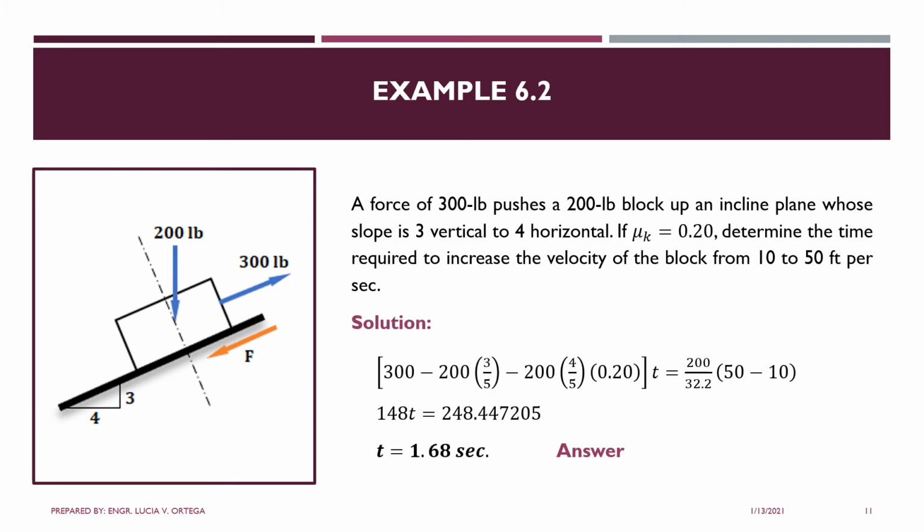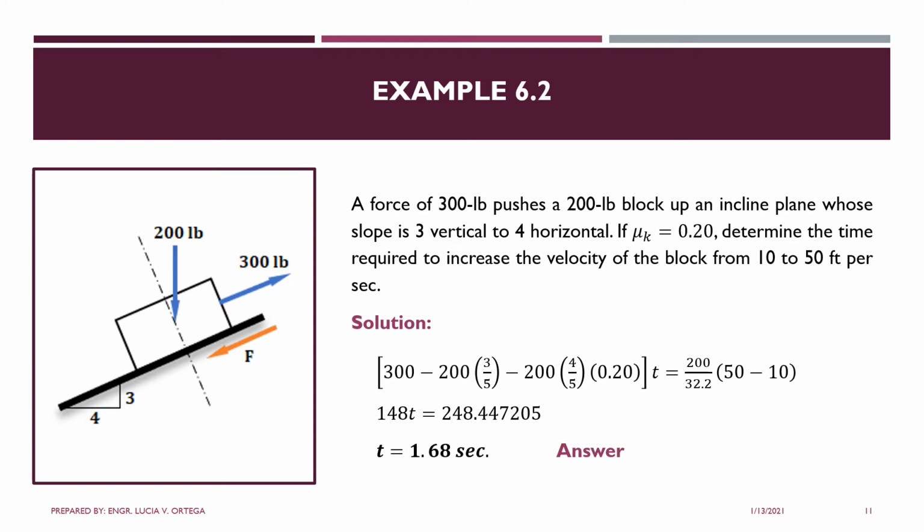So let's apply now the impulse-momentum equation. What is the positive impulse? The positive impulse will be caused by the 300 pounds. The force against the motion is the x component of the weight, 200 times 3 over 5. And the normal reaction is equal to 200 times 4 over 5, multiplied by the coefficient of friction; this is now the force of friction.